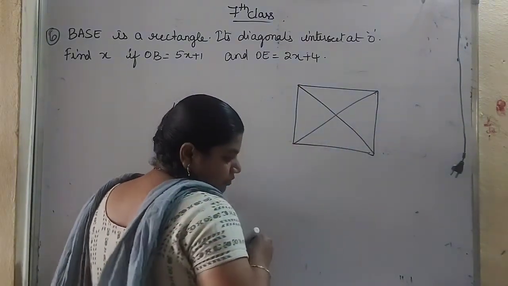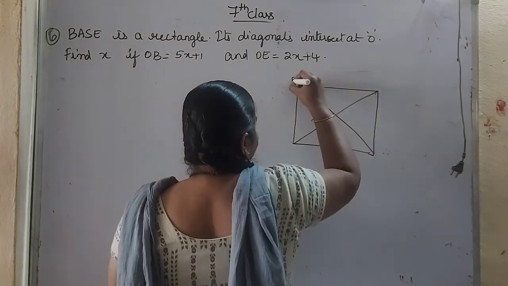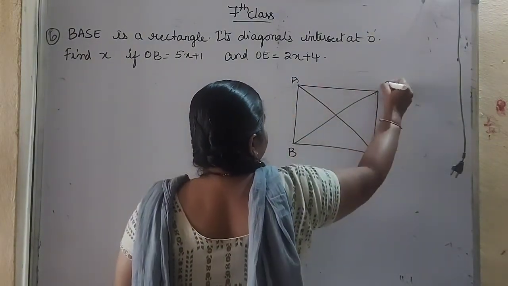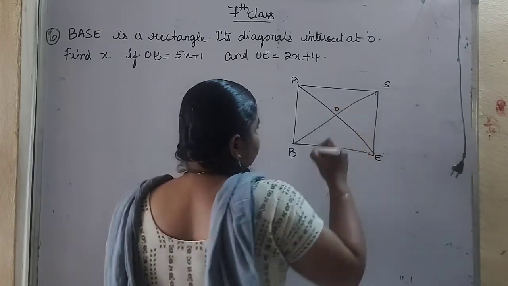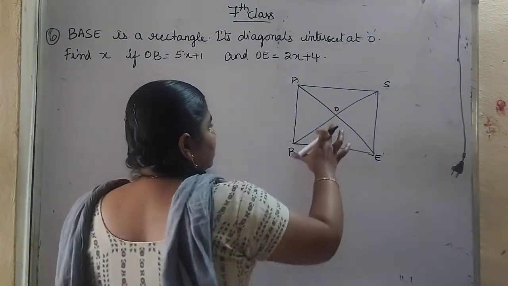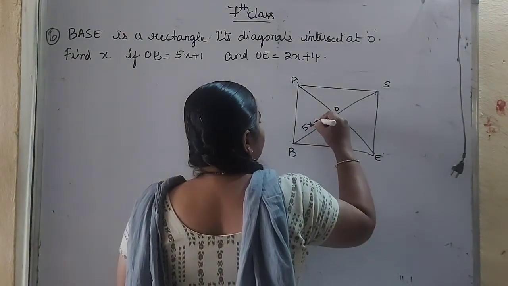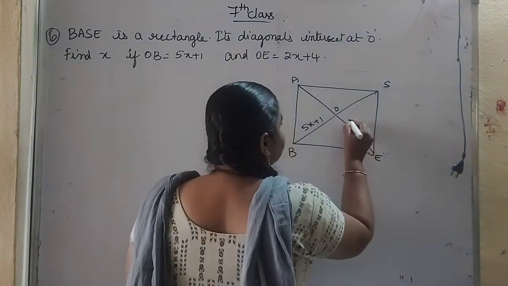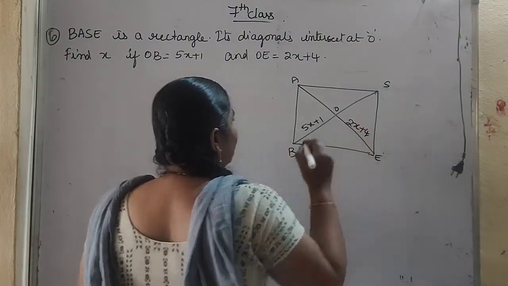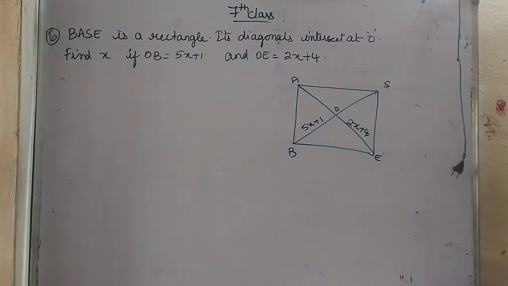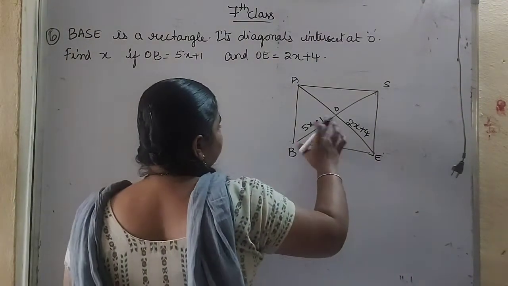We have to find the x value. So it is BASE, and the intersection point is O. The length of this is 5x plus 1, and the length of this one is 2x plus 4. Now we have to find the length of these two diagonals.